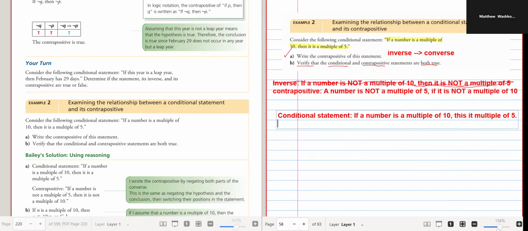You can use set notation here if you would like. I'm just going to use plain old regular numbers. Multiples of 10: 10, 20, 30, 40, 50, 60, 70, and so on. Multiples of 5: 10, 15, 20, 25, 30, 35, 40, 45, 50, 55, whatever. I'm just writing you all a bunch of them.